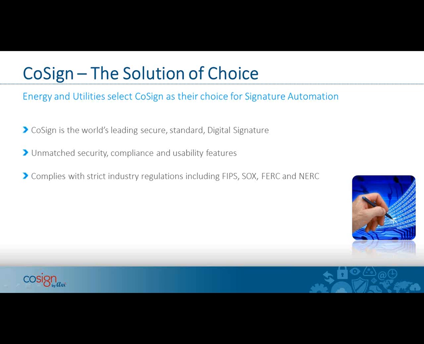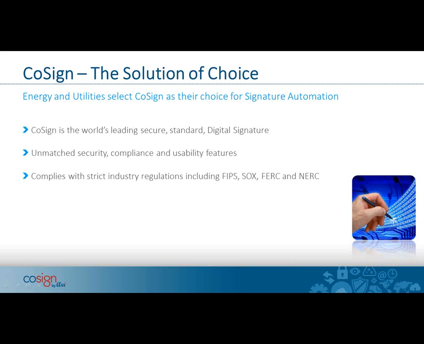business processes. Cosign also has unmatched security, compliance, and usability functions. So Brian showed you earlier the 3 I's of trust, showing who the identity of the user is, the intent that they're signing a document, and also that the document has not been altered in any way.